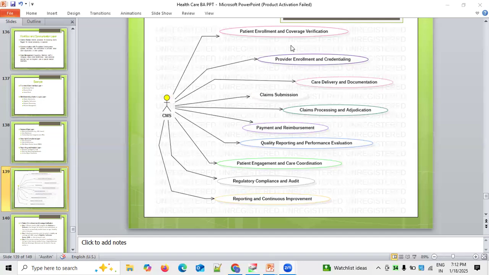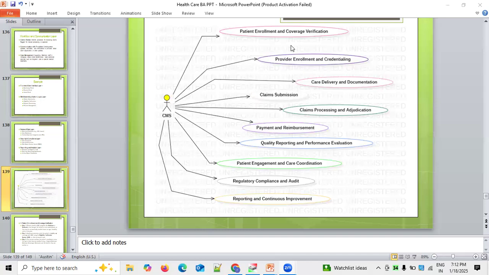Last but not least, when we generate multiple reports and multiple activities, those have to be reported. Creating reports is not the only thing, but continuous improvement of healthcare services, more accurate, faster, more secure, more scalable, and more reliable for the customers, is one of the key and important elements when we are working on healthcare integration.